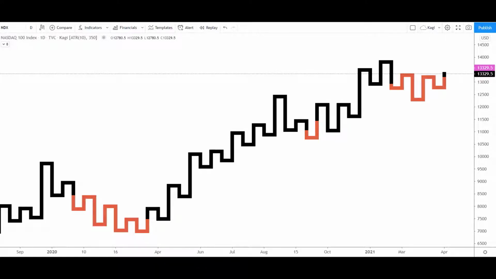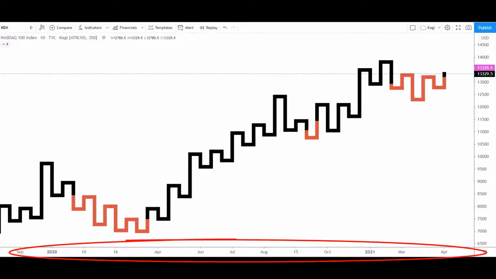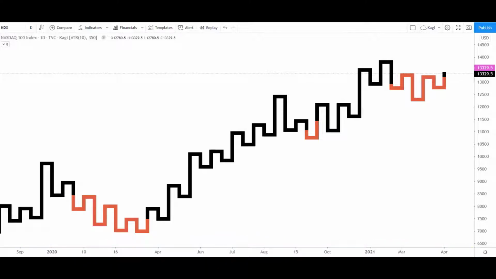And as you can see from along the bottom there, it goes back quite a way to the end of 2019 all the way through to April 2021, and we can get a general idea of the trend.